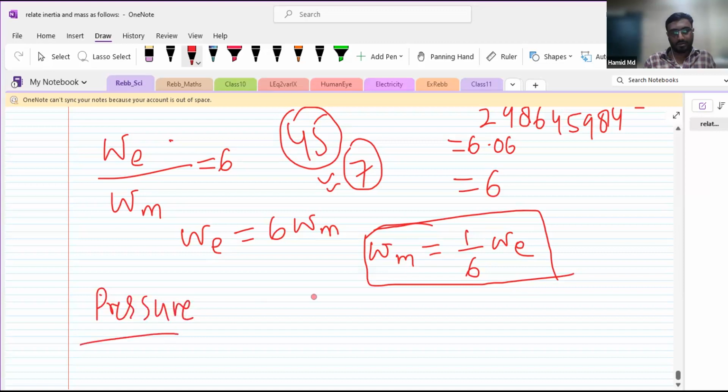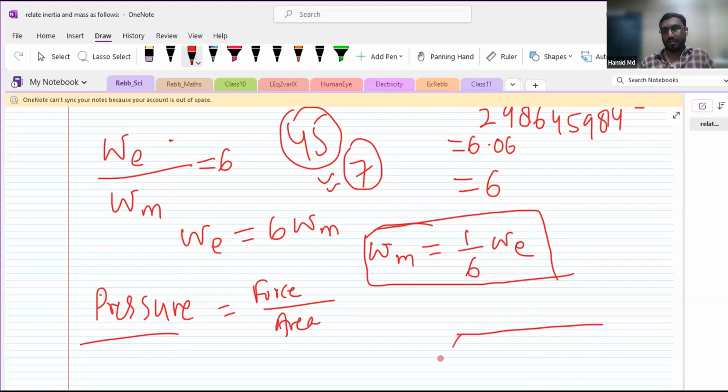Pressure is force applied per unit area. This is the surface area, right? If we are applying force, the pressure will be distributed all over the area.